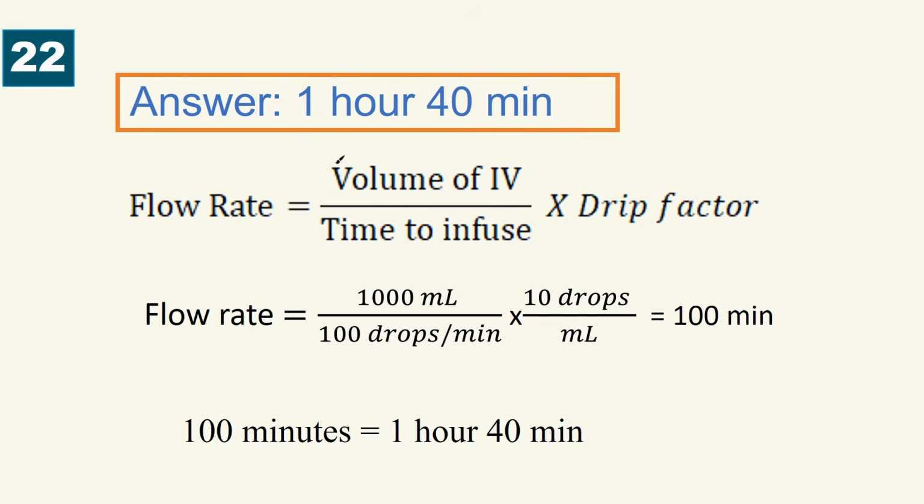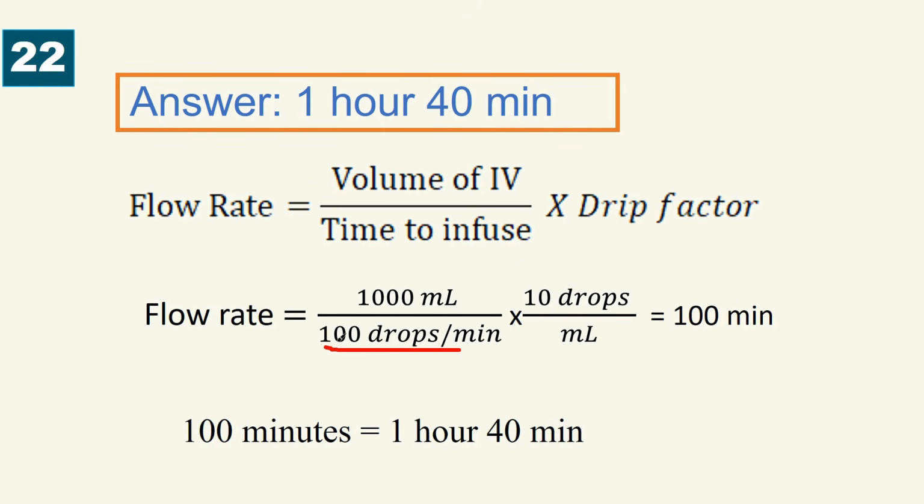So basically, this is the formula: flow rate equals volume of IV divided by time to infuse. Volume by time. And then if you have a drop factor, you can use the drop factor. So here you have 1 liter, 1000 mils, and the flow rate is 100 drops per minute, with 10 drops per mil.